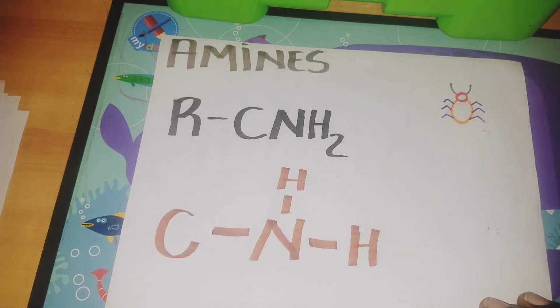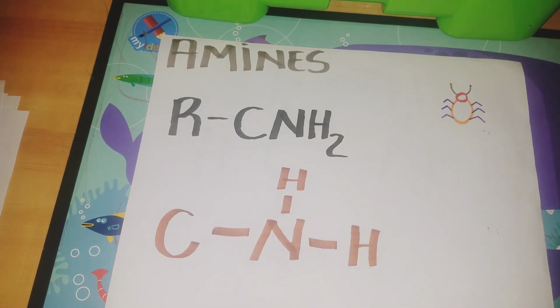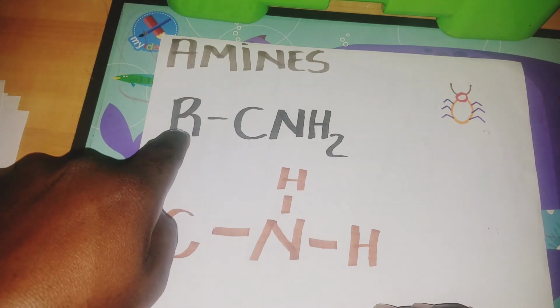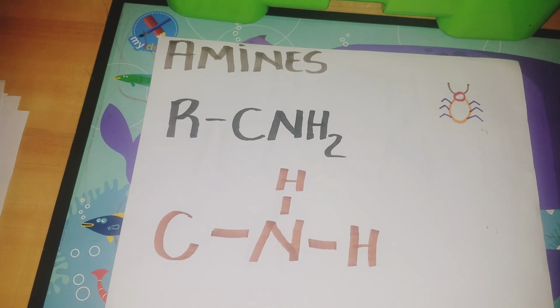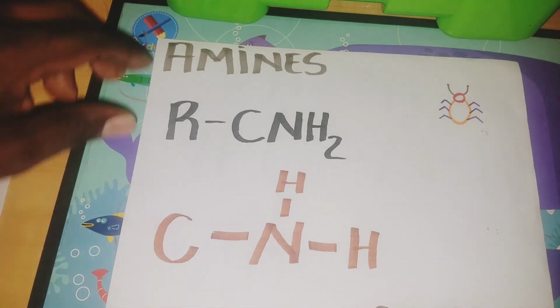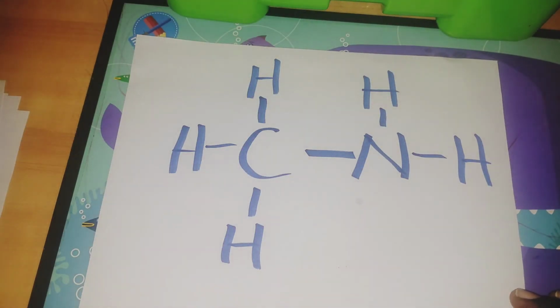The functional group of amines is carbon single bonded to a nitrogen, which may be bonded to hydrogen or to other R groups. And this is your general formula, RCNH2. For those doing advanced organic chemistry, you would know that this is a primary amine.